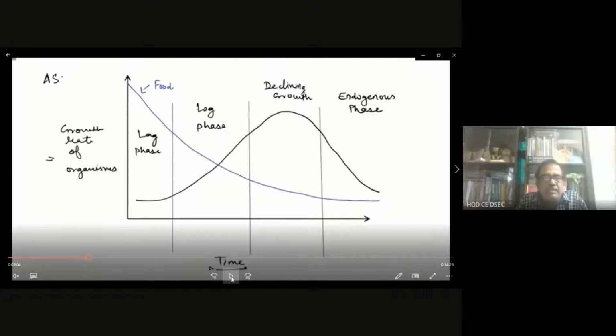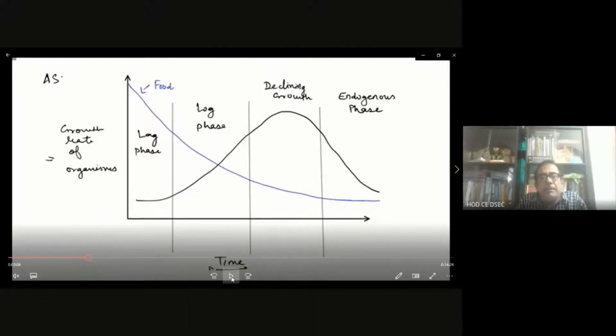Lag phase means there is no growth of the biomass because some time will be required for the biomass to adapt to the situation. In the second phase, when the acclimatization, that is the adaptation, is complete, the biomass converts from lag phase to log phase.